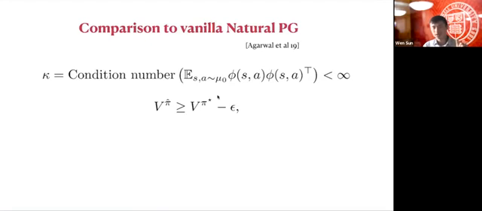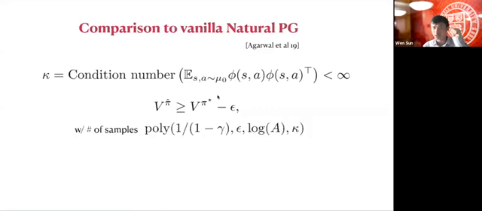The condition number is the maximum eigenvalue of this covariance matrix over the minimum eigenvalue. We want to make sure the initial distribution is wide enough such that the induced covariance matrix has a finite condition number. In this case, natural policy gradient will succeed without doing any extra fancy stuff, with a number of samples that scales polynomially with respect to all relevant parameters and this condition number.